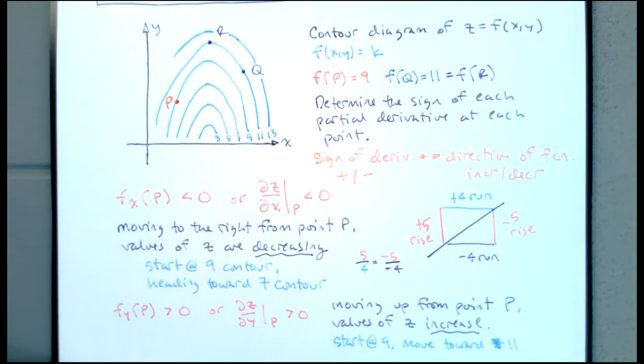Positive slope means increasing, negative slope means decreasing. We are just modifying that for partial derivatives by saying increasing or decreasing in the x direction and also in the y direction. So we're just breaking what we had before: the sign of the derivative tells us the direction of the function, in the x direction and in the y direction.